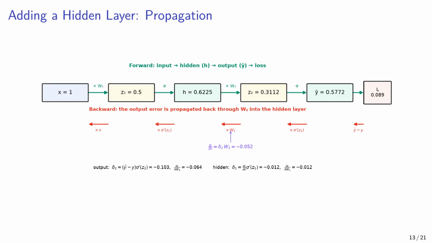The real power shows with a hidden layer, because now the error has to travel further. Here is the picture. An output neuron's error is propagated back through the connecting weight into the hidden layer. Let us make that concrete.